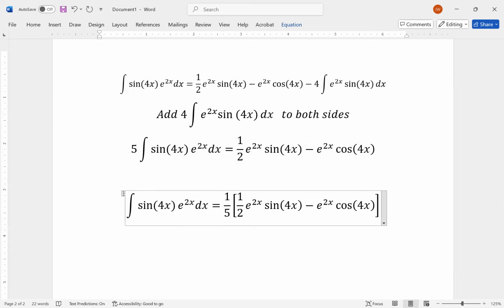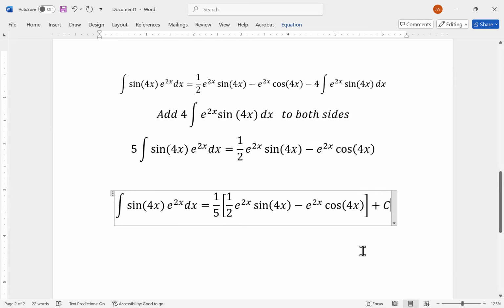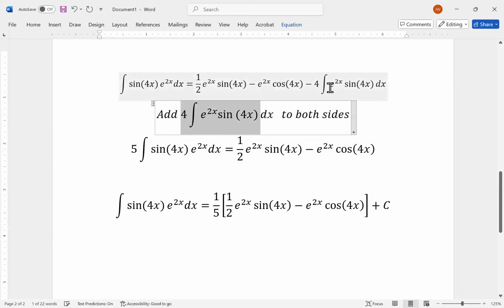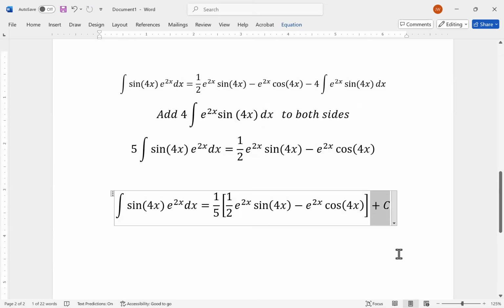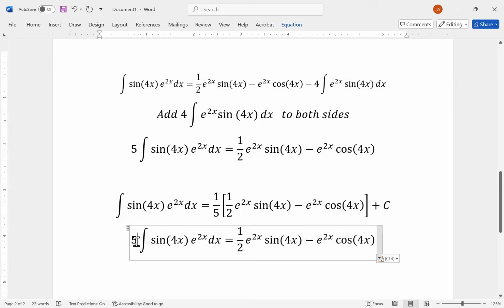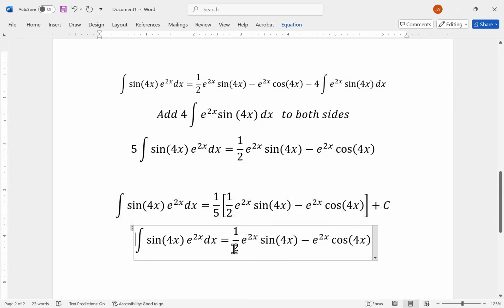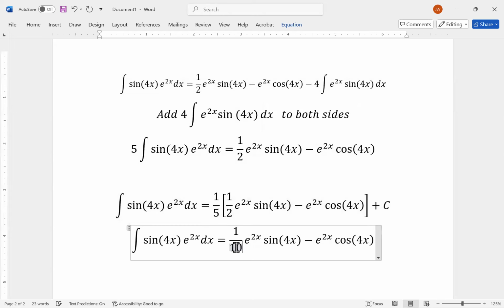And then there is one other little thing I have to do. I have to tack on a plus c, because when I actually added this integral to both sides, these are going to be the same except for possibly a constant difference. So I have to add on a plus c at the very, very end. But that is my final answer. Now, if you wanted to, you could have multiplied that 1/5 in. 1/5 times 1/2 is 1/10.